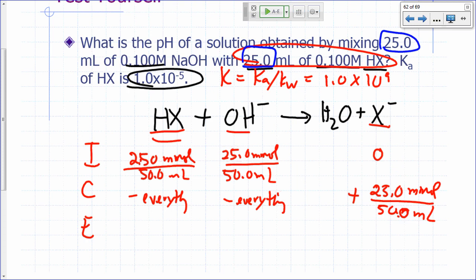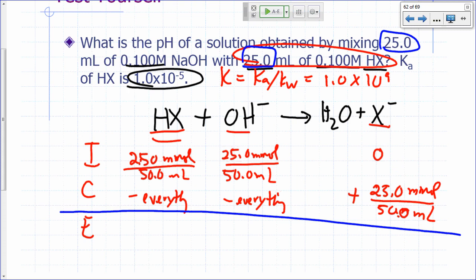Okay? So at equilibrium, what do I have left? Trace amounts of this, I'm going to call it x. And this would also be x, trace amounts. And here, what's 2.5 out of 50? That's 0.05, right? Moles per liter.